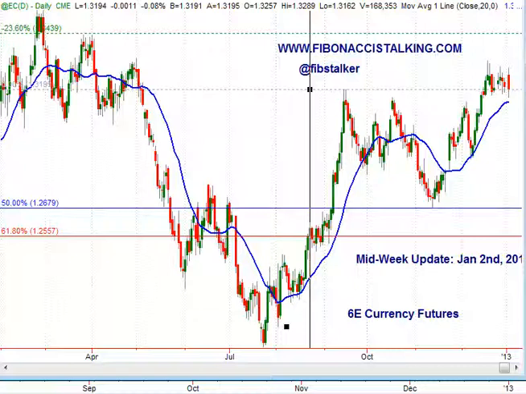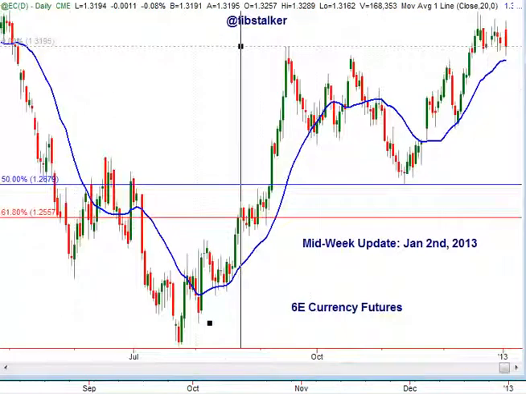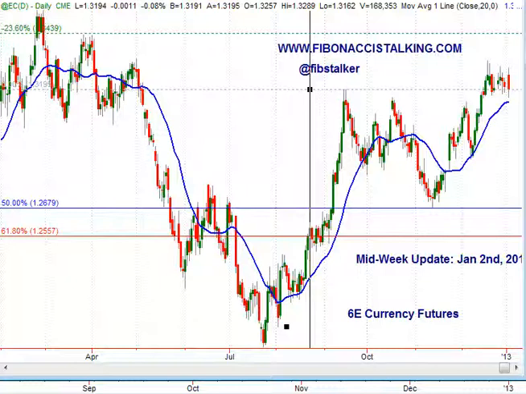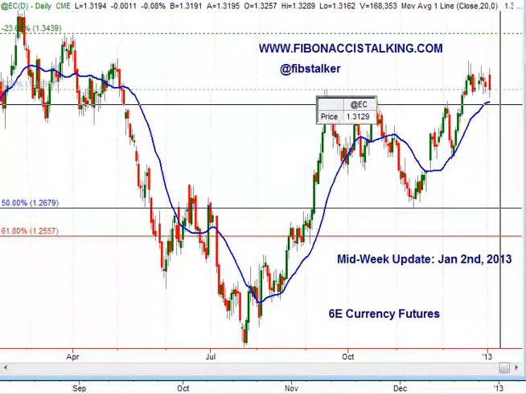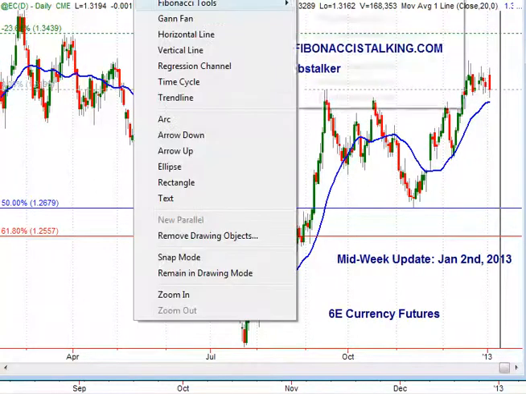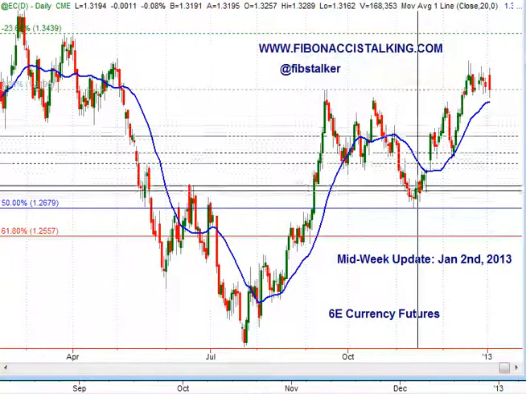This is the setup. So we have support in 126.80 and we have a target in the 134.35, 134.40. So I was expecting this market to keep moving straight higher, but that didn't happen, and we have this sequence of measured moves higher.